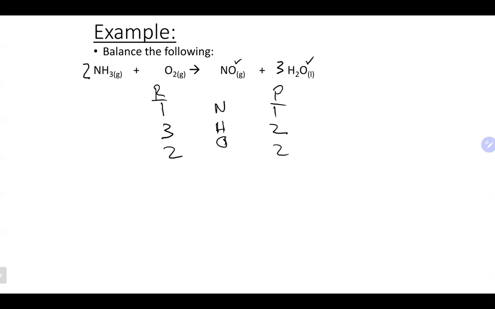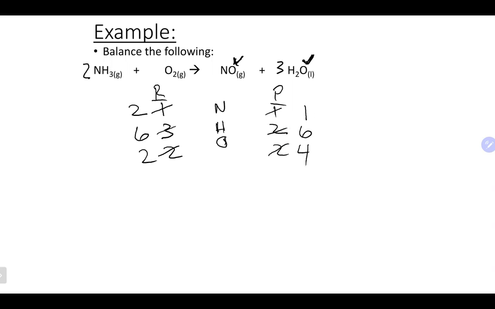At this point, we now have 2 nitrogens on the left. Hydrogen 2 times 3 is 6, and oxygen is 2. On the right-hand side, we still have 1 nitrogen. Hydrogen 3 times 2 is 6. And in terms of oxygen, I have 1 there, and I have 3 here, and that is now 4.